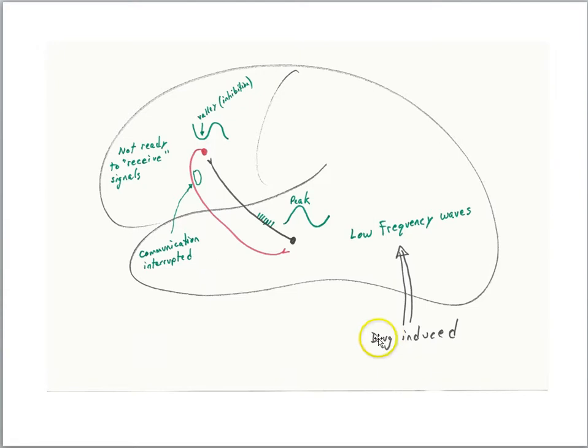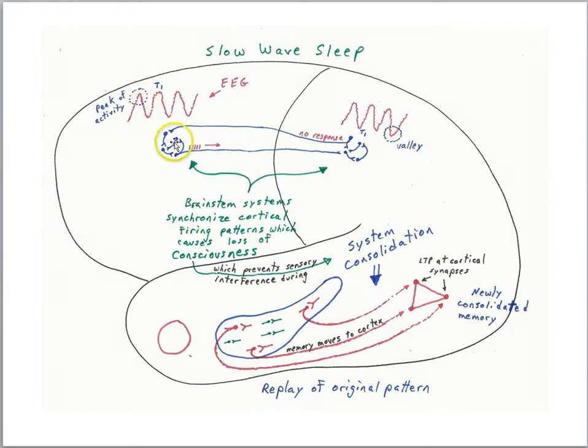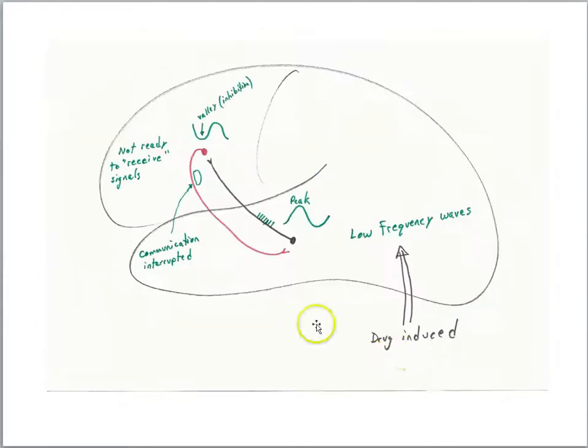The drug-induced state is one where there's a prolonged period of cortical synchronization, as long as there's enough drug in the system, kind of like during slow wave sleep. So drugs like propofol, for example, will set up these low frequency waves in the cortex. And again, the idea is that's going to interfere with neural communication.